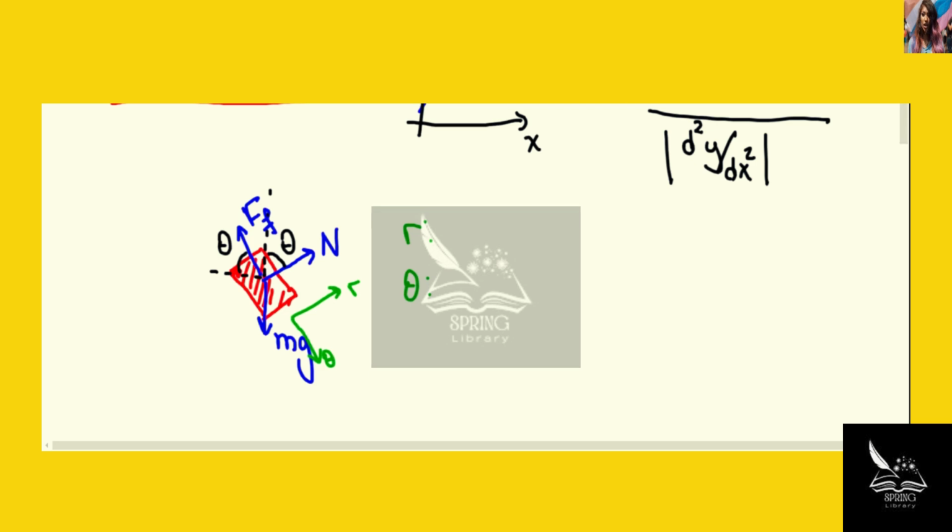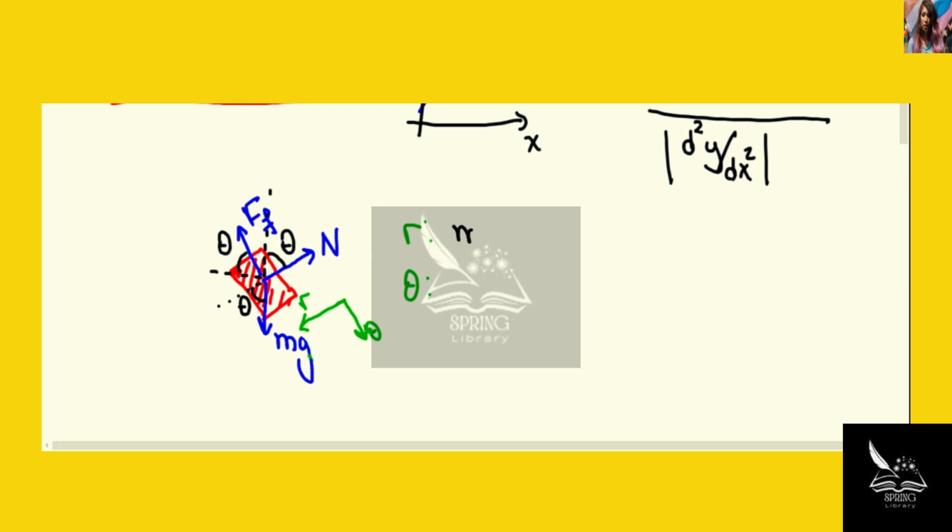So what we really need to do is to find the components of the gravitational force. Okay, so in the r direction, we have that the gravitational force is equal, and actually, let me write the r direction in the opposite direction. So r must be pointing towards the center of rotation and not the opposite. Okay, so now it's correct.